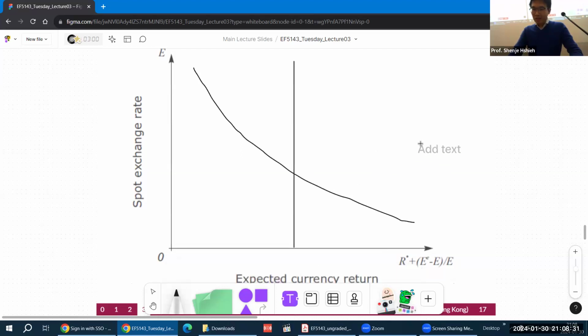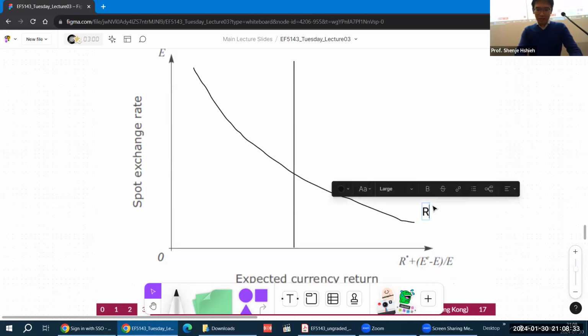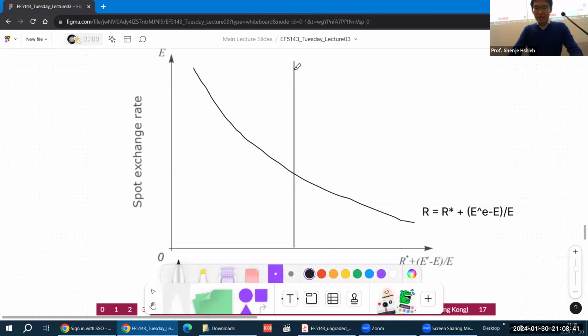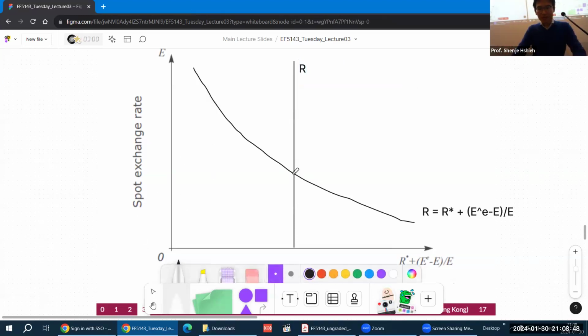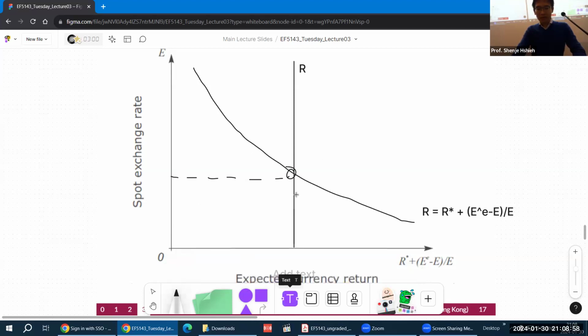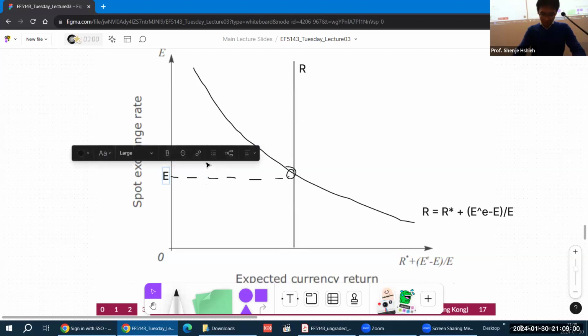Again, remember UIP is defined as R equals R star plus E hat E minus E over E. And this R is determined by the central bank because they control money supply. Therefore, the equilibrium exchange rate is simply the intersection of interest rates and the UIP curve. So this is E. Let's call it E naught for a starting point. I usually write E0 for a starting point because I have to change it sometimes, okay?